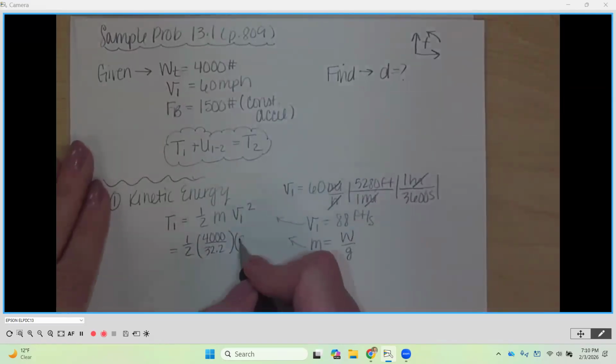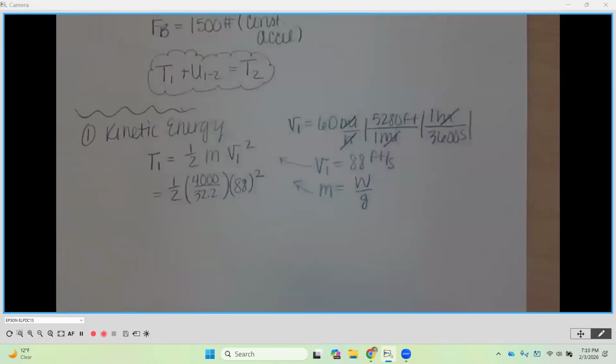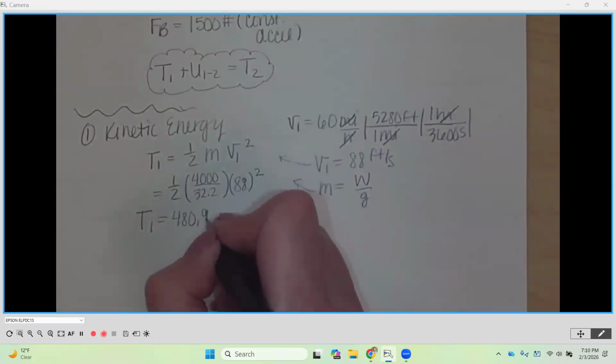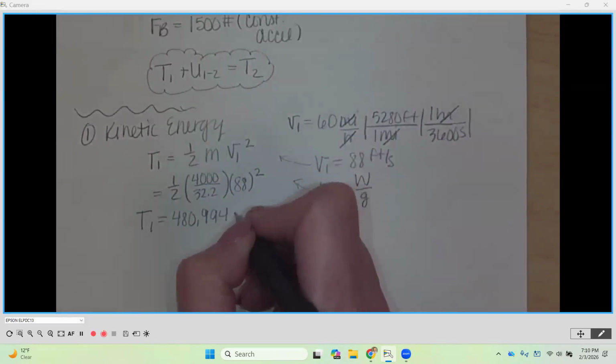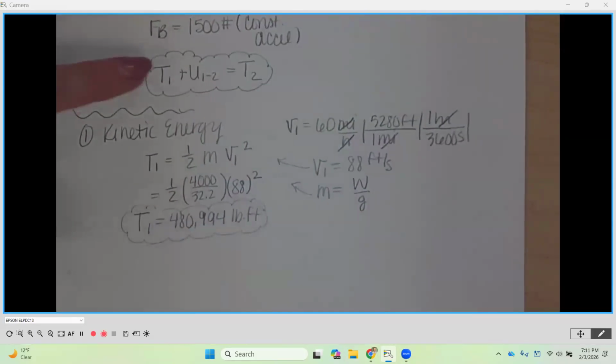And then it's 88 squared. Don't forget to square that; that's another easy one to forget. Your T1 should come out to be 480,994 pound-feet. This is our first kinetic energy.